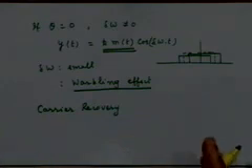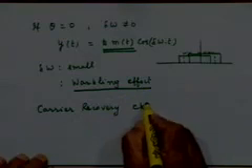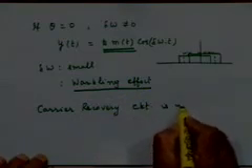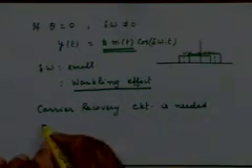We require a fairly sophisticated, fairly good carrier recovery system, by which we will be able to establish a local carrier which is in perfect phase and frequency synchronism with the incoming carrier. That operation is called recovering the carrier at the receiver. So a carrier recovery circuit is needed at the receiver.